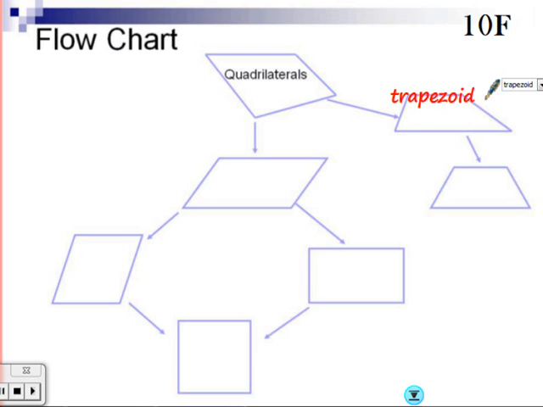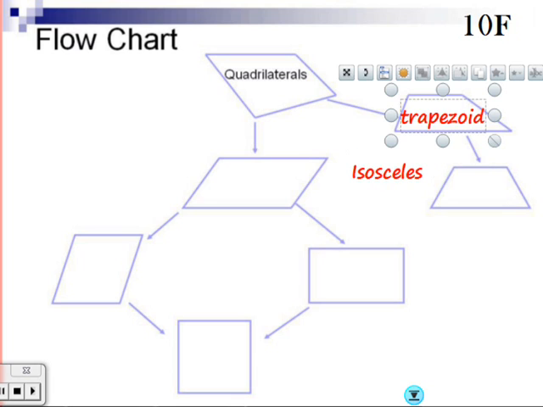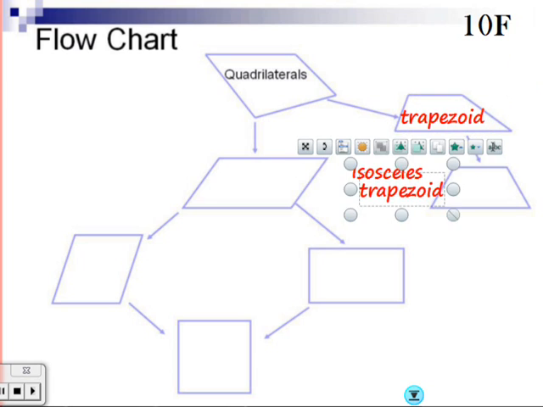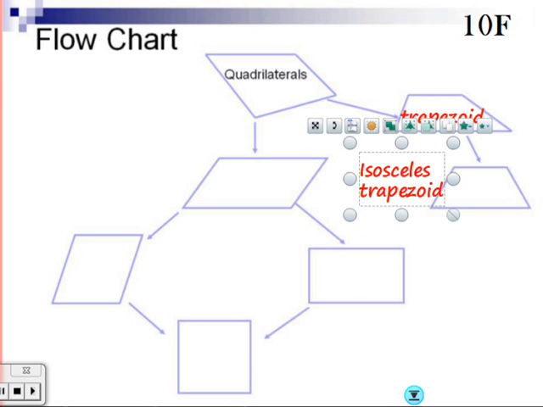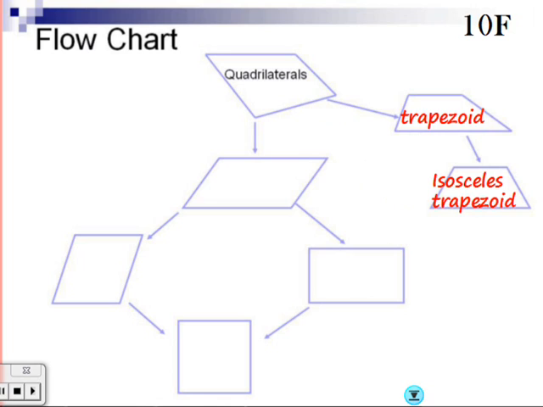And then specifically, what kind of trapezoid might I have? An isosceles trapezoid. We could also just have, generally speaking with quadrilaterals, a parallelogram.